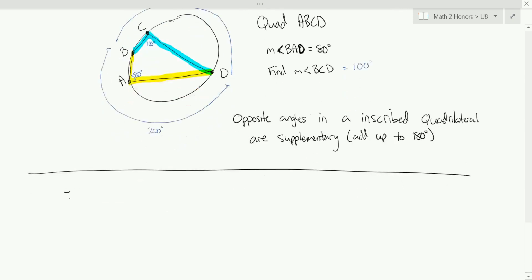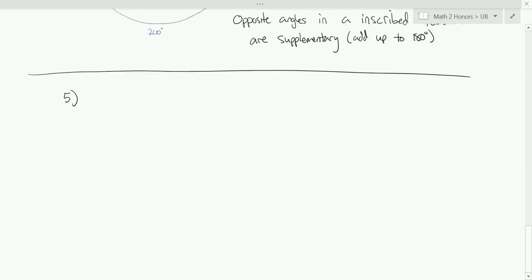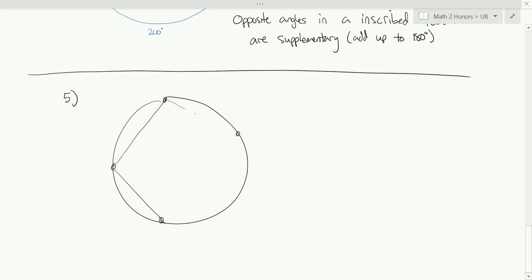So number 5, we've got a circle. I'm going to put a quadrilateral inside of it. A, B, C, D. I'm going to tell you that the measure of angle BAD, there's that bad angle again, is going to be x squared plus x degrees.